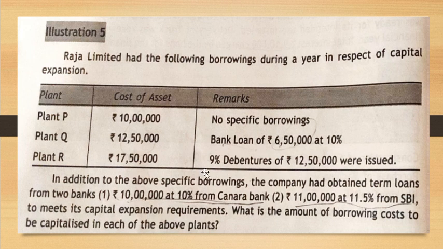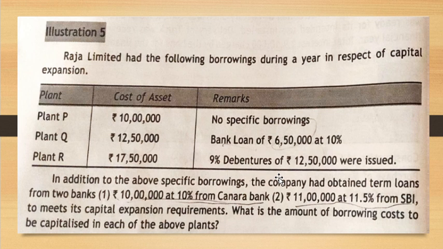Borrowings of 9% debentures of rupees 12,50,000 were issued, and they collected capital of rupees 12,50,000.